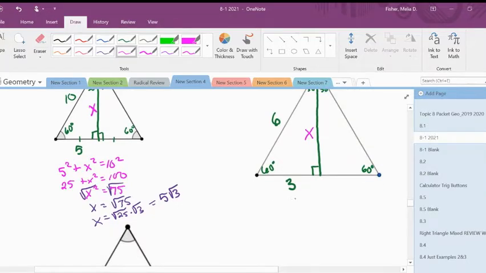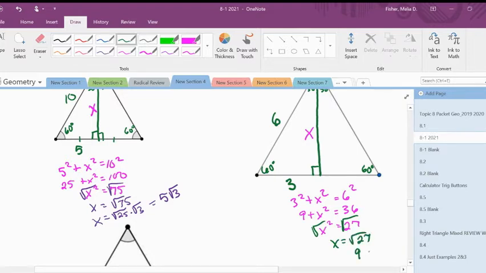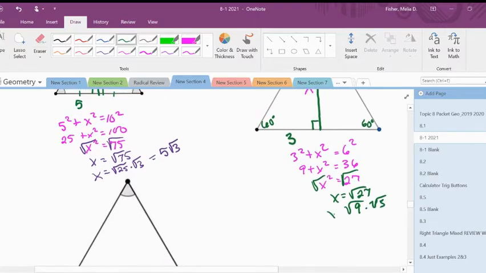So 3 squared plus x squared equals 6 squared. 9 plus x squared equals 36. Subtracting 9 from both sides, I get 27. And if we take the square root of both sides of that, I get x equals the square root of 27, and 27 breaks down to 9 times 3. And the square root of 9 is 3, so x is 3 square root 3.